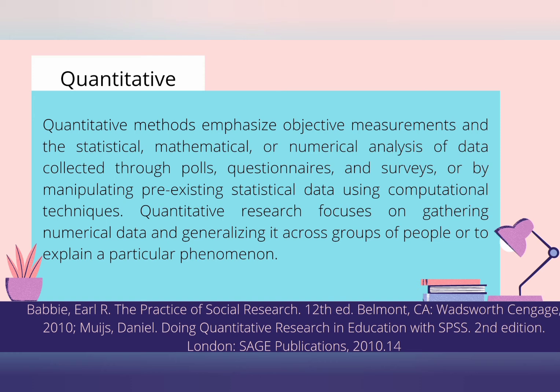But this is commonly used only for quantitative research, not qualitative research. As a whole, quantitative research focuses on gathering numerical data and generalizing it across groups of people or to explain a particular phenomenon. The word quanti means quantity, which is why quantitative research is more on numerical aspects.